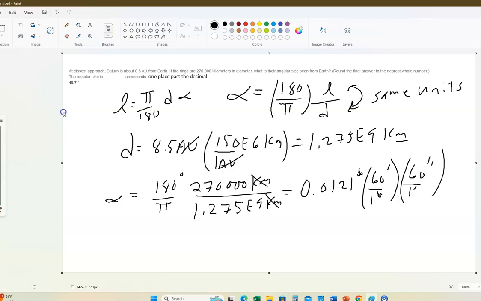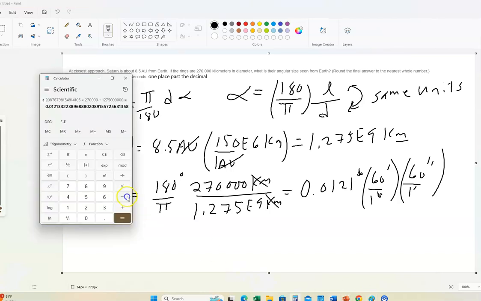Remember, 2 hash marks mean arc seconds. So I just take this number that's in my calculator and multiply by 60 squared, and that changes it into arc seconds, which in astronomy is very convenient.